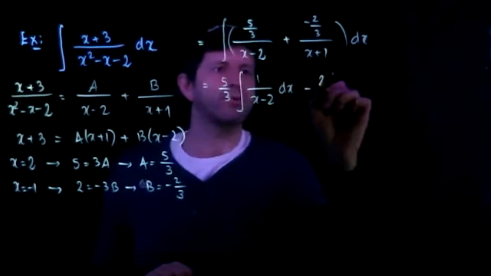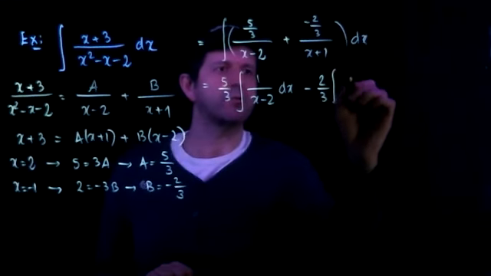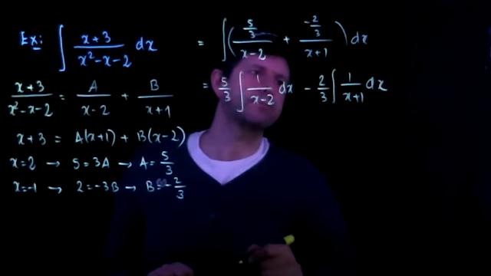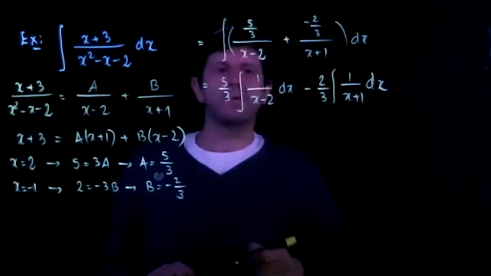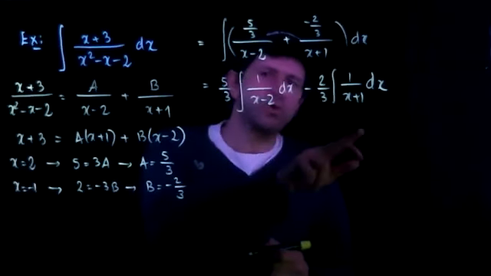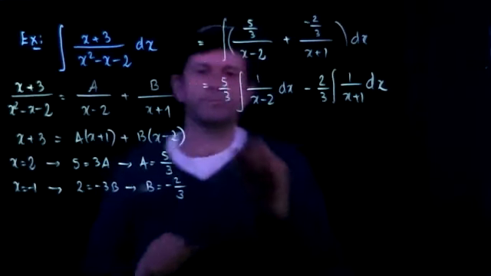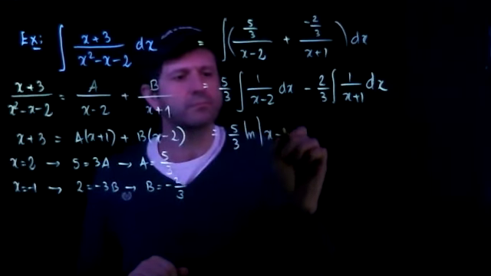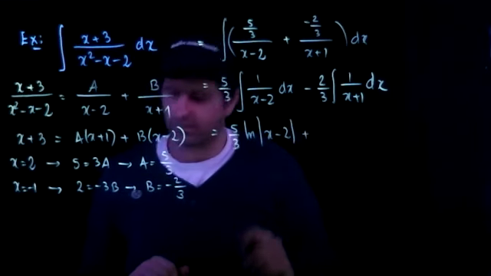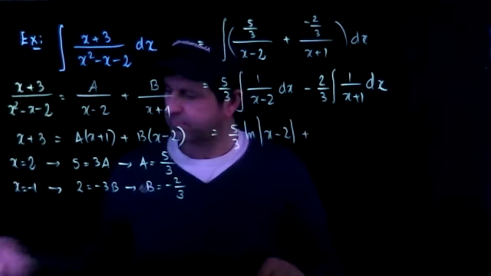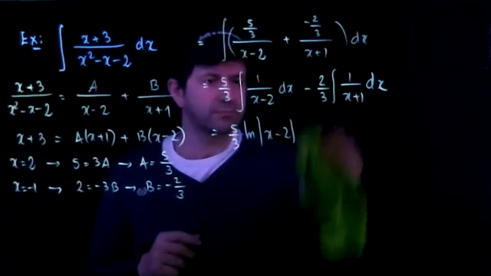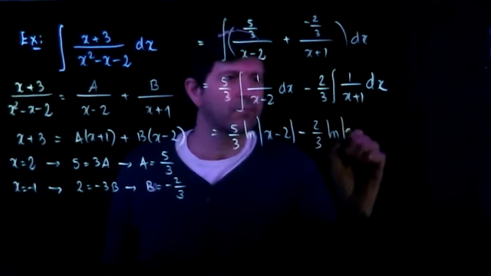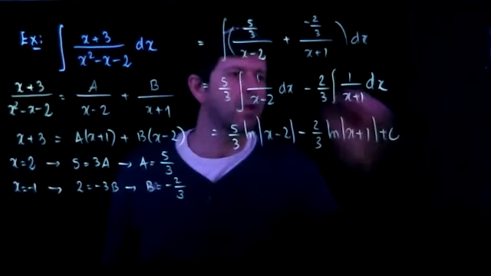Pull out the negative 2/3, so minus 2/3 integral of 1 over x plus 1 dx. And then we do substitution for each one, and we get ln and ln. And that's my answer.